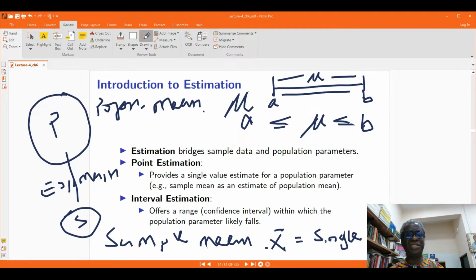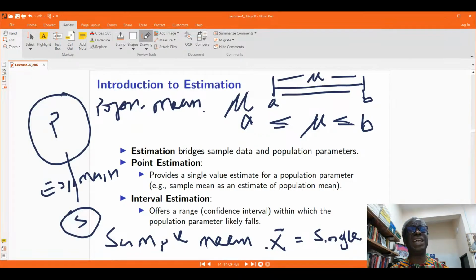And you are saying the unknown population value lies within, or is likely to lie within, that interval A, B. So in that case, this is interval estimation.